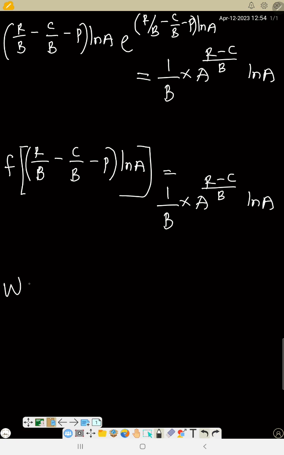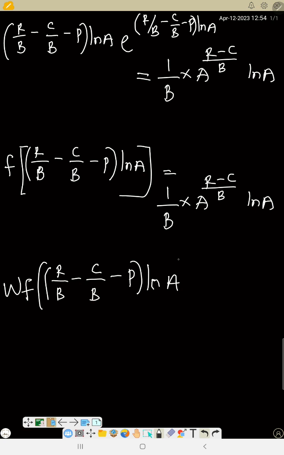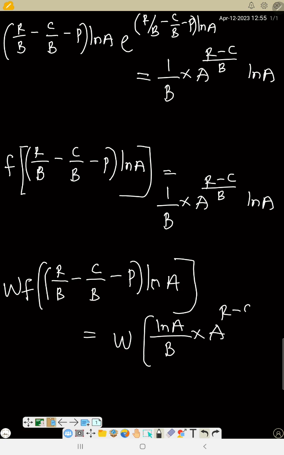So that will be W of f of r over b minus c over b minus p ln a will equal W of ln a over b times a raised to power r minus c over b, like that.